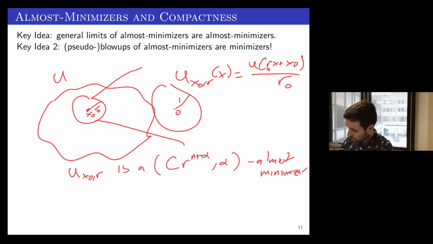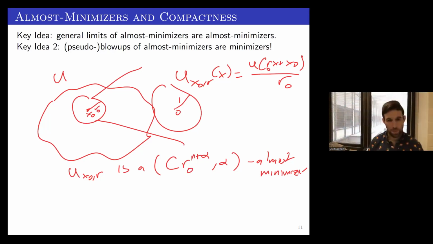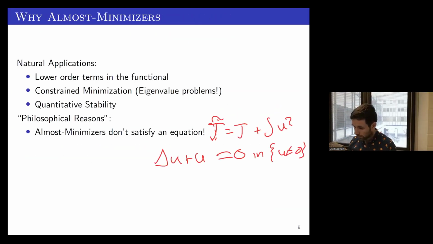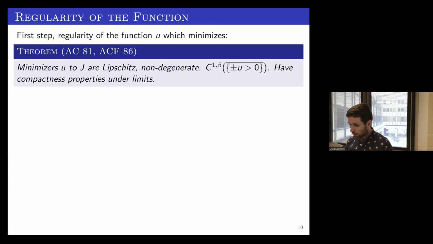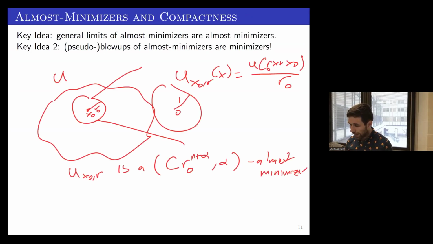So on the previous slide, right, we defined these C alpha almost minimizers. Here's your C, here's your alpha. And what I'm telling you here is that as you zoom in, the C is getting smaller and smaller and smaller.